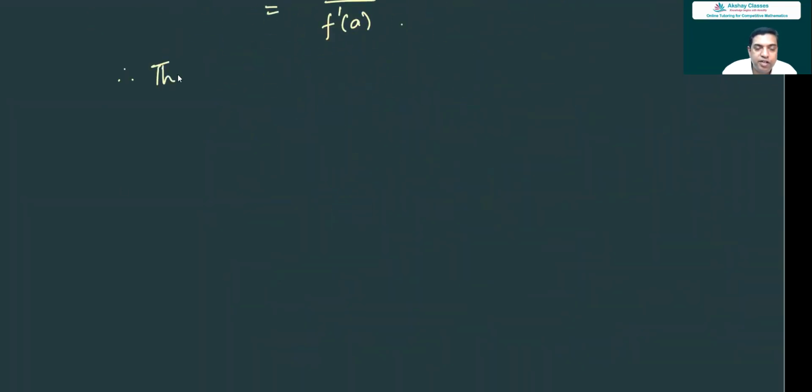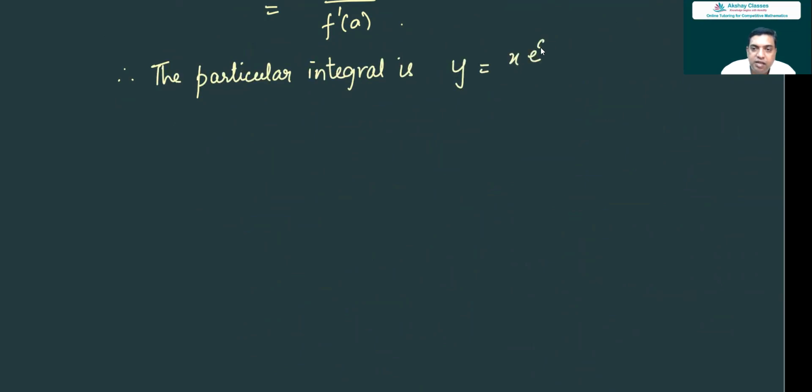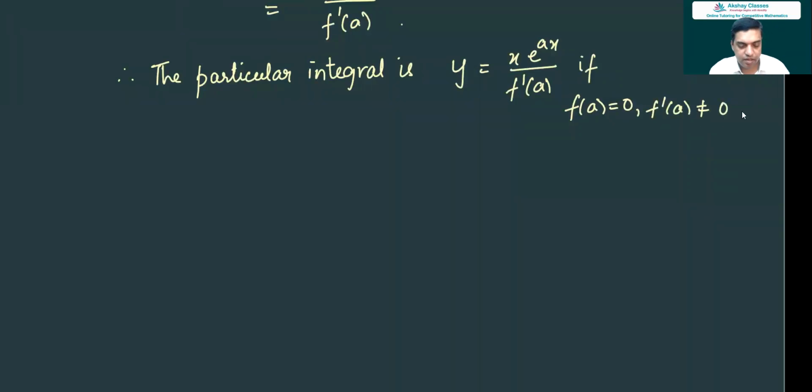Therefore, the particular integral is x e power ax by f dash a if f of a equal to 0, comma f dash a not equal to 0. Okay. Similarly, we can show for higher orders.